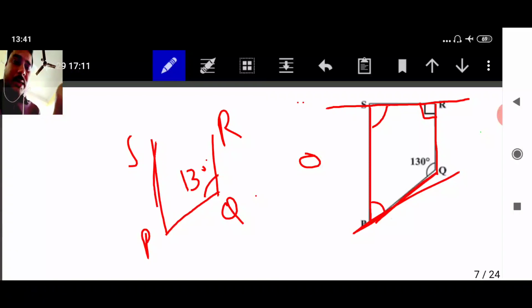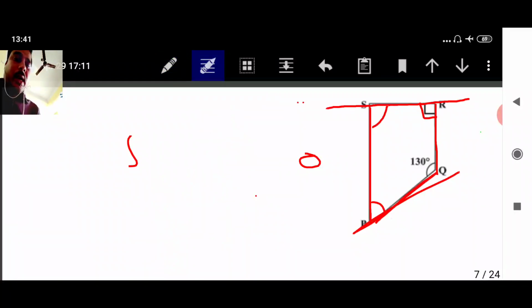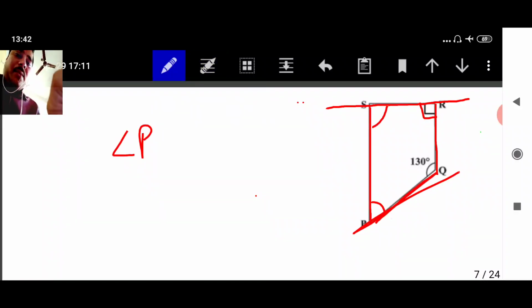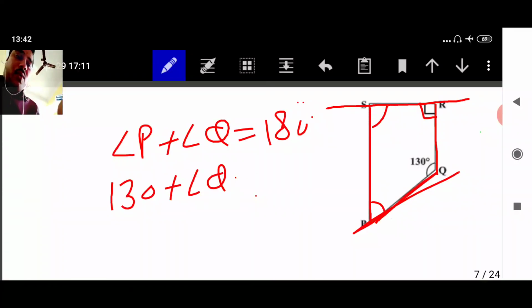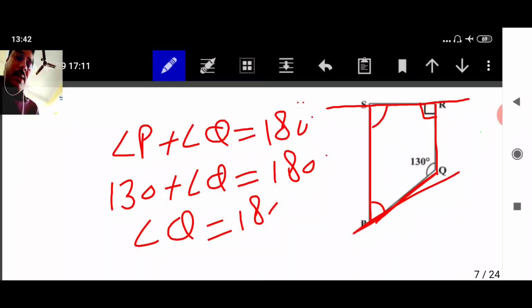So these are parallel lines and this is a transversal, so these angles are interior angles on the same side, and so angle P plus Q equal to 180. Angle P 130 plus angle Q equal to 180, so angle Q equal to 180 minus 130 equal to 50 degree.